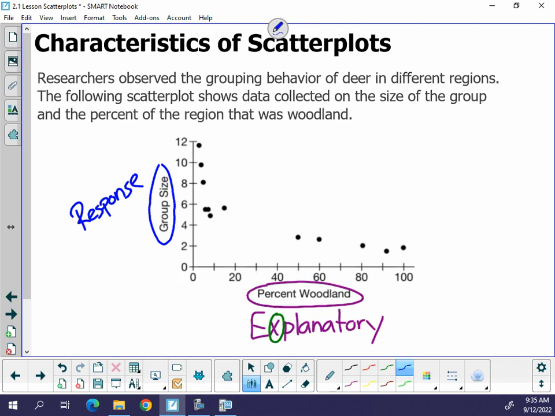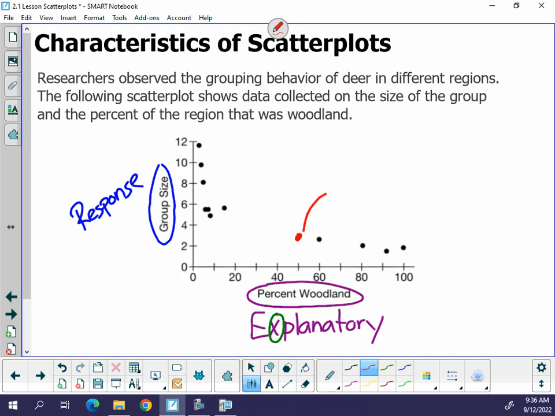So here we're comparing two things: the percentage of a region that is considered woodland compared to the grouping behavior of deer. And so each of these dots represents a data point. I don't ever want to insult anybody's intelligence, but I want to make sure that we talk about all the things.